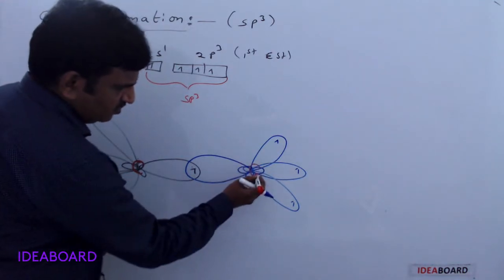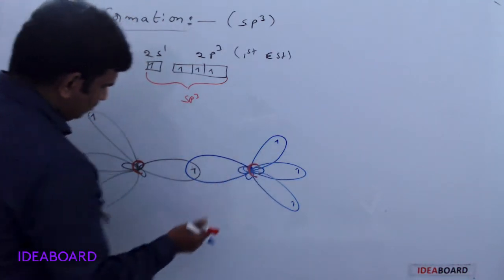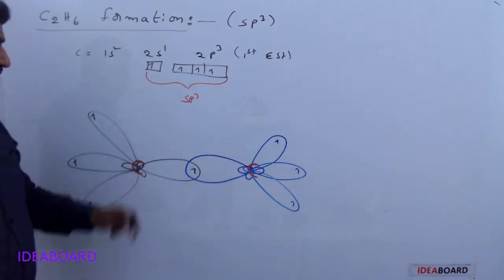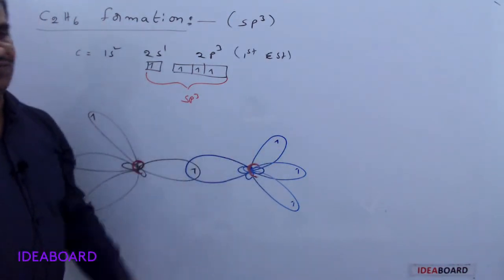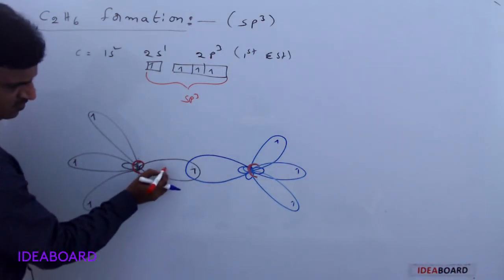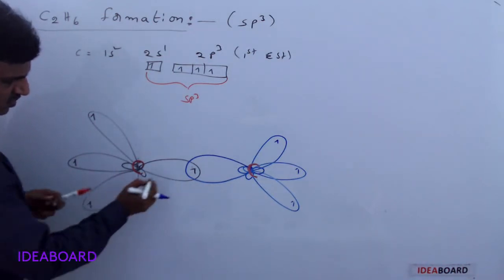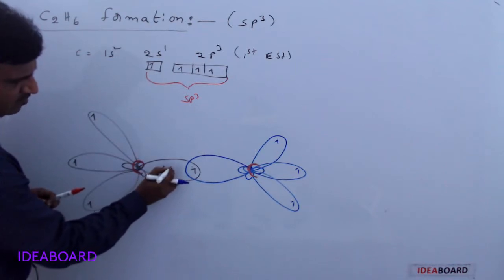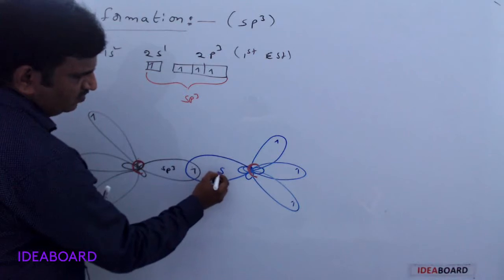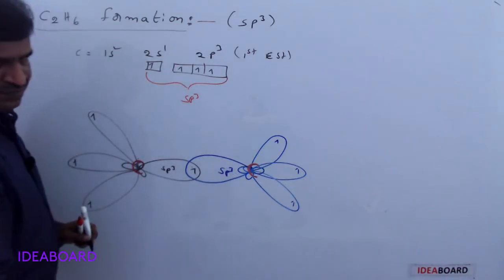Please remember, 2 carbon atoms. First carbon atom, 4 hybrid orbitals. Second carbon atom, 4 hybrid orbitals. So what type of hybrid orbital is this? Yes, this is an sp3 hybrid orbital of the first carbon. It is the sp3 hybrid orbital of the second carbon.